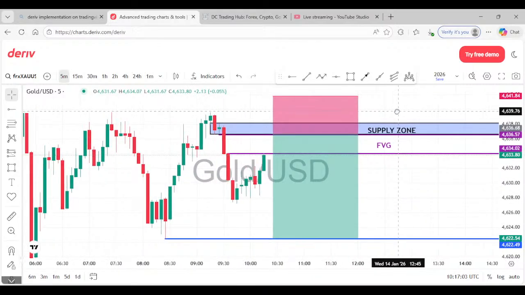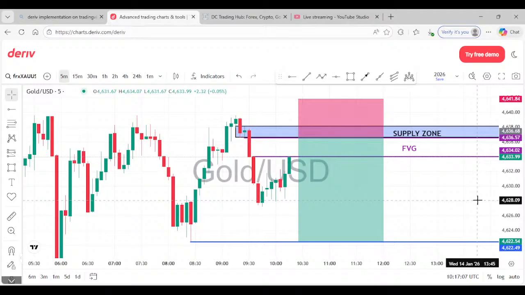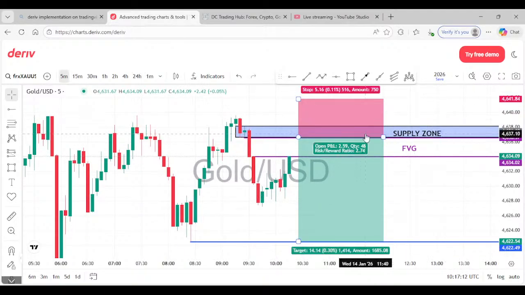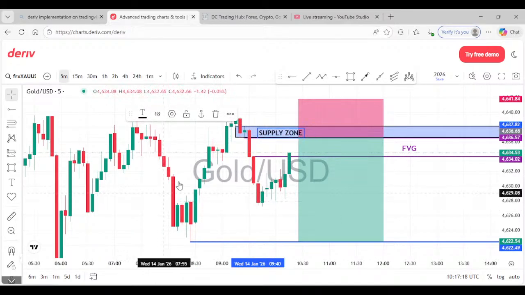Okay, let's observe how price is going to react with these zones that we have marked. Supply zone. Let me make it a little bit smaller.